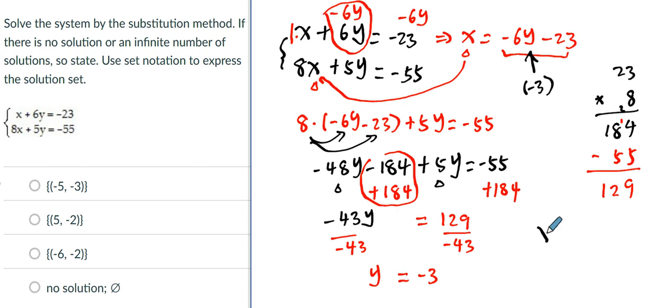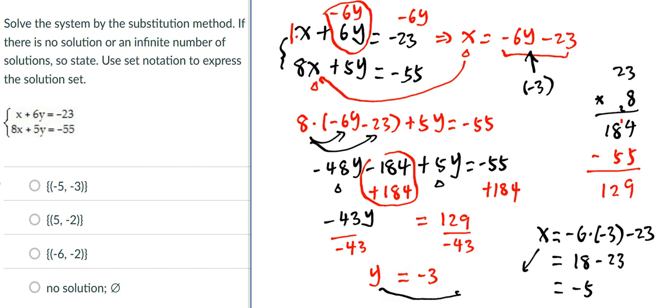So what's the value for x? That will be x equals negative 6 times negative 3 minus 23. That will be positive 18 minus 23. And we shall have a negative 5. So combining those two, we then have x is negative 5 here, y is negative 3.